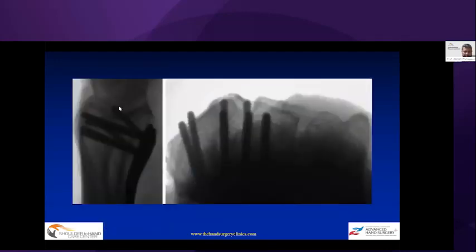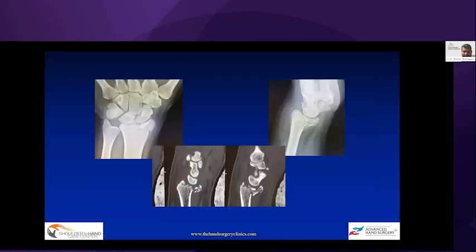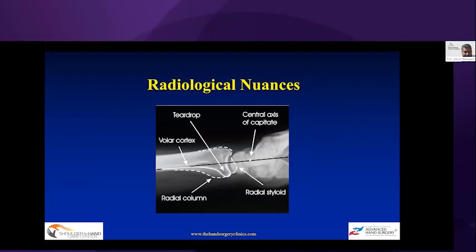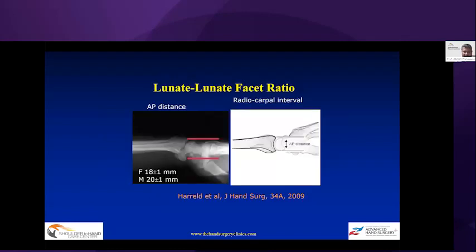Make sure that despite the x-rays looking good, the Hoya view will show that these screws are proud and they need to be revised. Here is a case in point wherein the distal radius fracture was fixed in this particular manner, and it gives adequate stability.